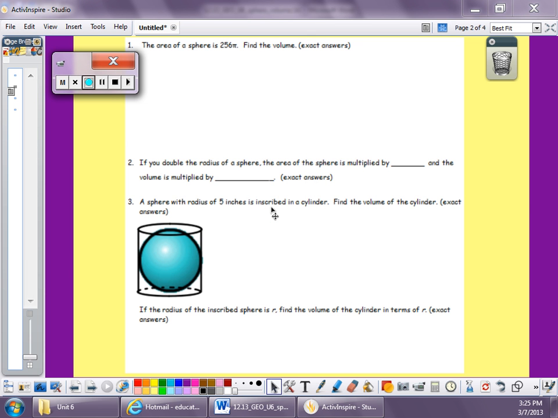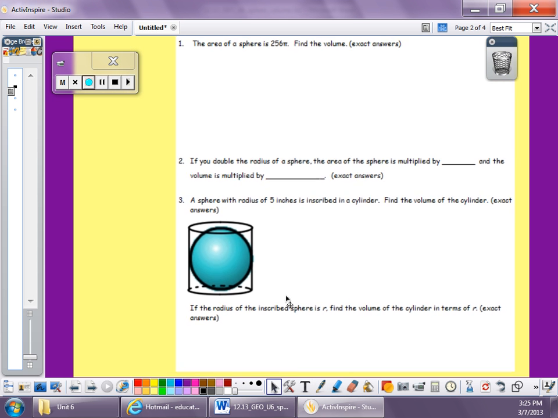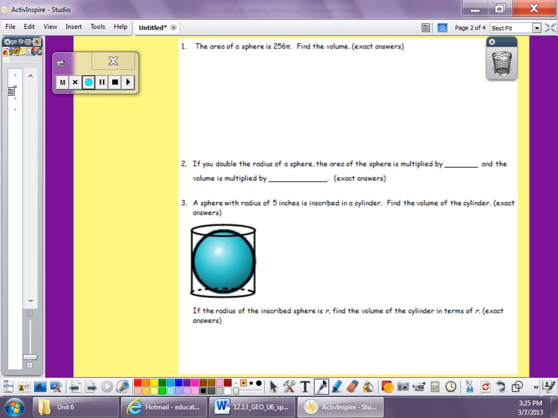Alright, so the beginning problem, when I gave you the formulas, the sphere had a radius of 12. If you plugged in 12 for the surface area, you got 4 pi 12 squared.